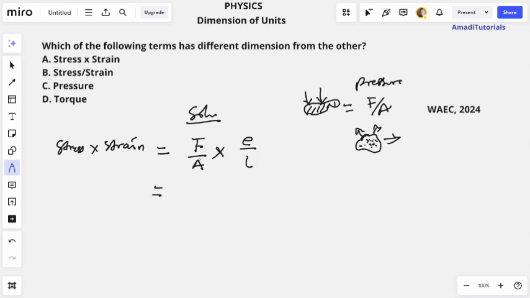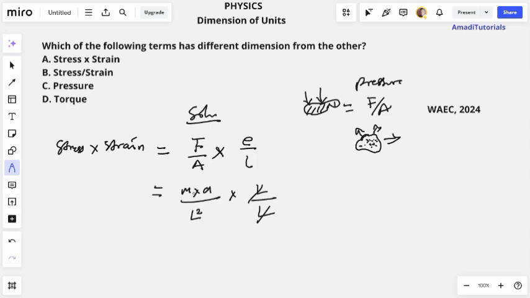Force is mass times acceleration. Area is length times length, so the dimension of area is L raised to the power of 2. And here, extension is a length on its own. Original length is also a length, so they will cancel out.